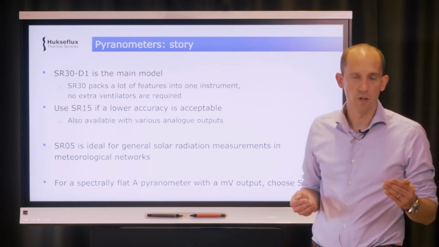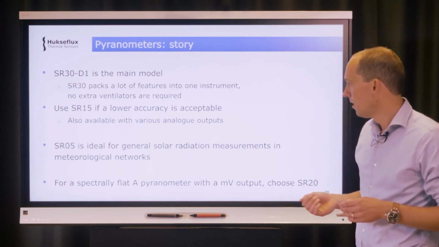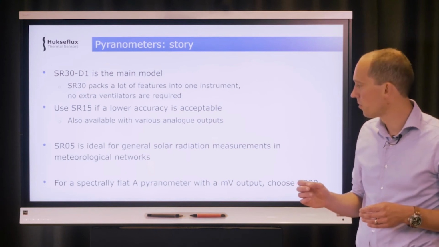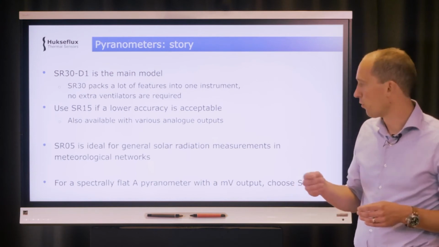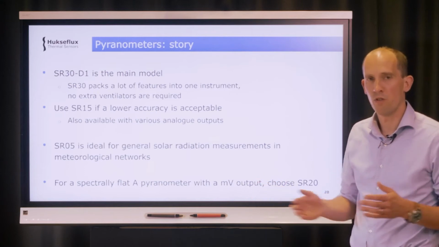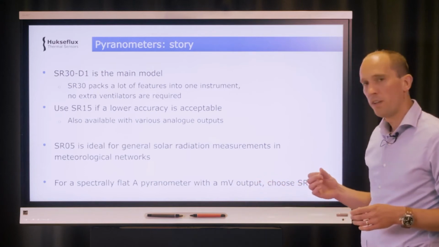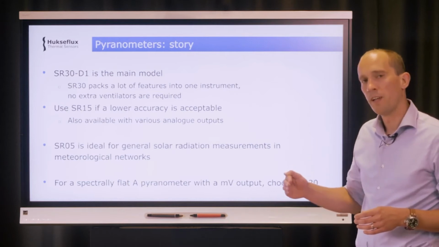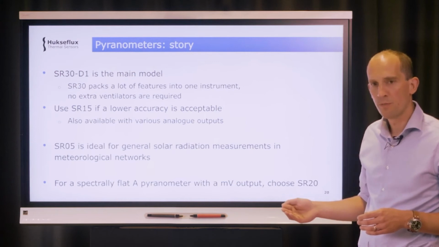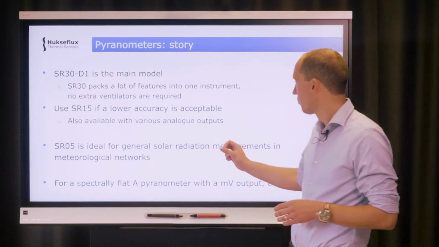So standard millivolt outputs or 4-20 milliamp, for example. Now the SR05, which is the spectrally flat class C, the smaller pyranometer, that one is ideal for general solar radiation measurements, where you buy a large quantity of sensors and spread them out. Now, if you really need a spectrally flat class A pyranometer and also need to work with an analog output, there is also still the SR20 model available.